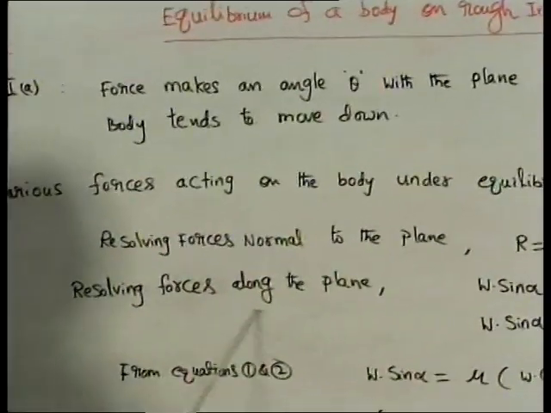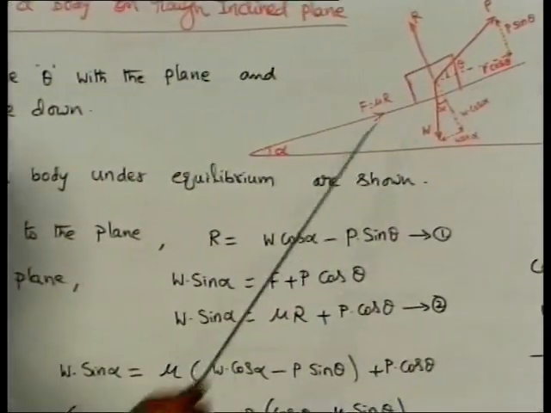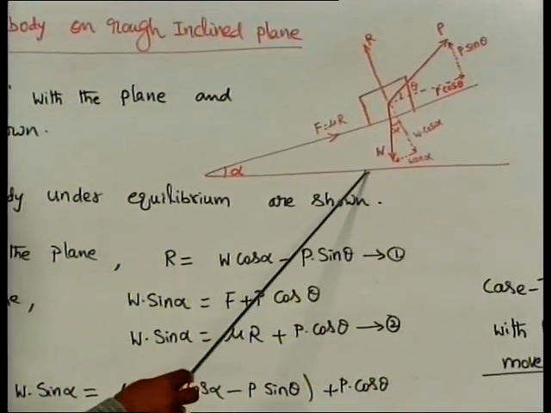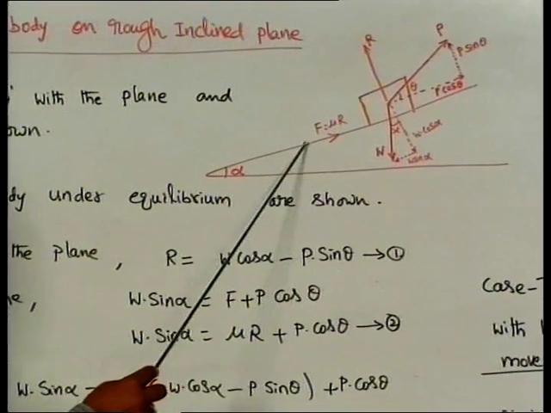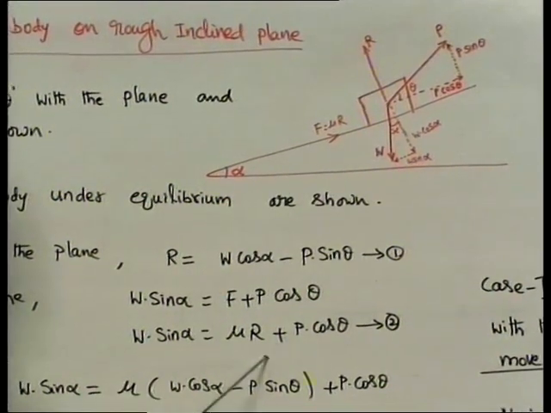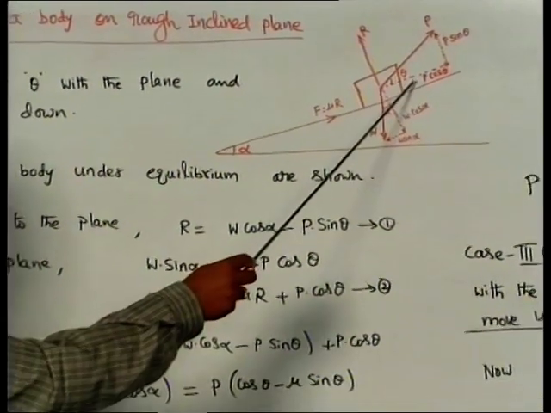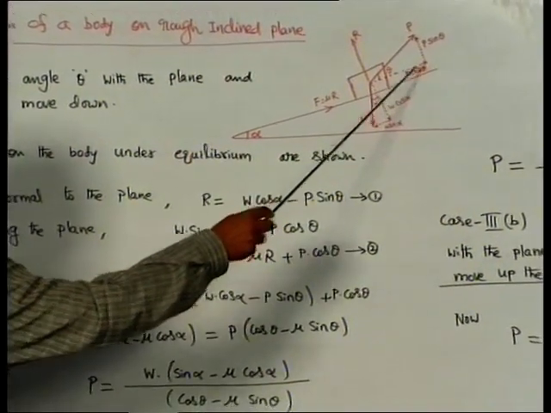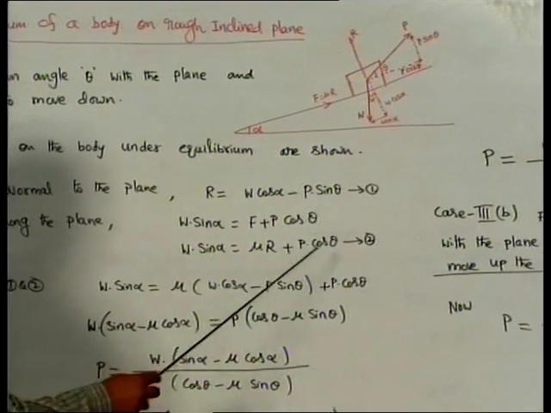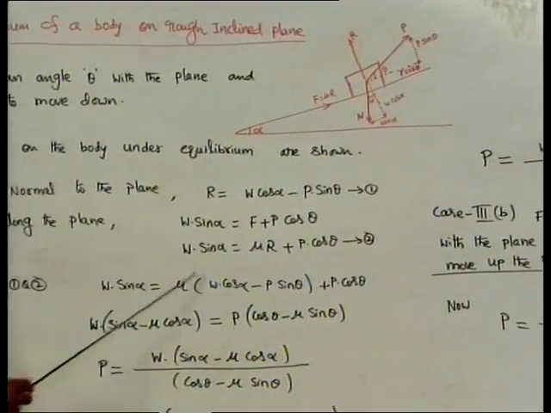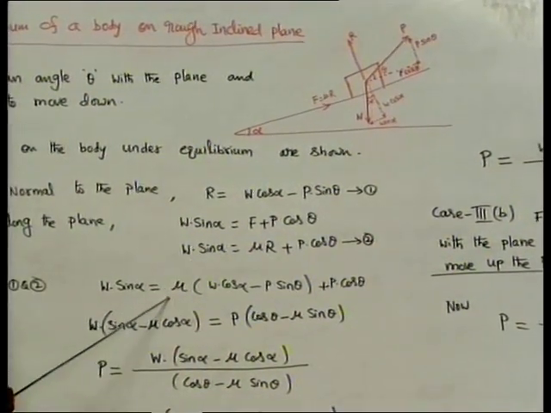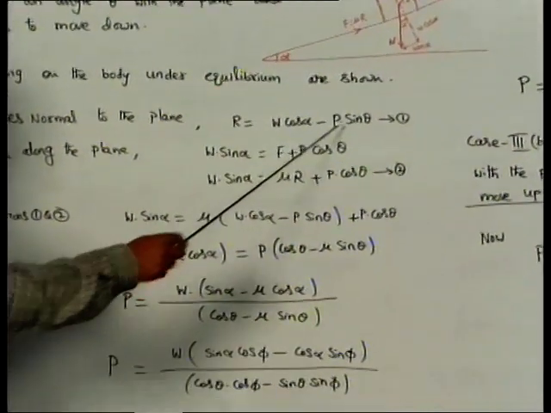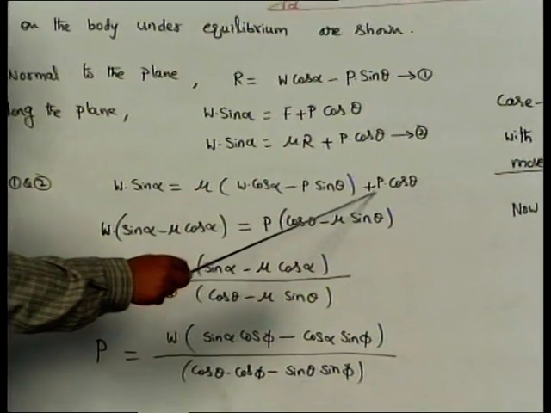And now resolving the forces along the plane, W sin alpha, that is in the leftward direction, is equal to, rightward we have this frictional force, that is mu R, plus P cos theta, that is the force applied on the body, the horizontal component. So, from equations number 1 and 2, I can write like this: W sin alpha is equal to, instead of R I can write this, mu into W cos alpha minus P sin theta, plus P cos theta.